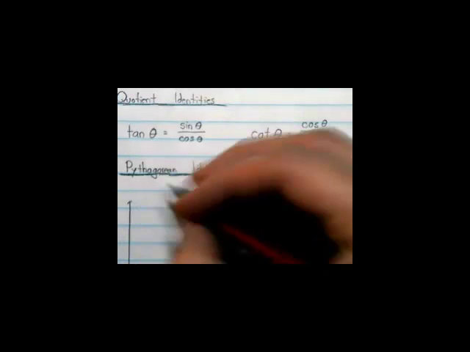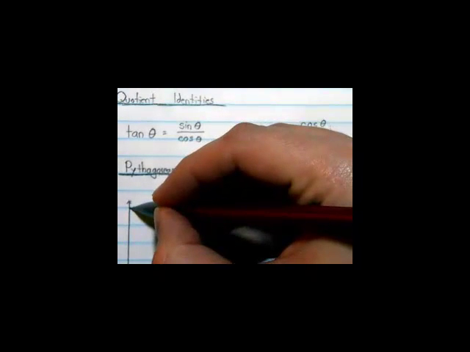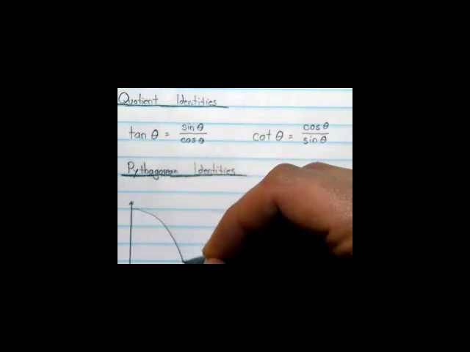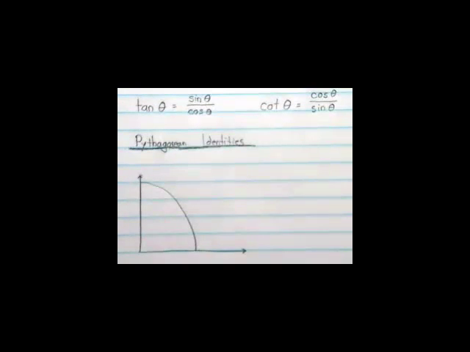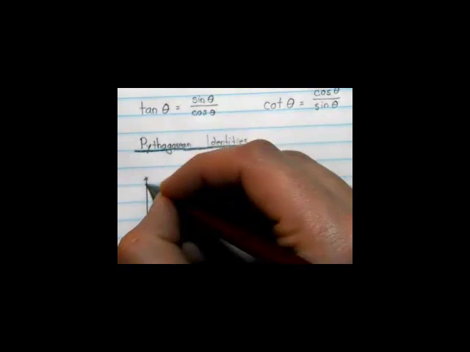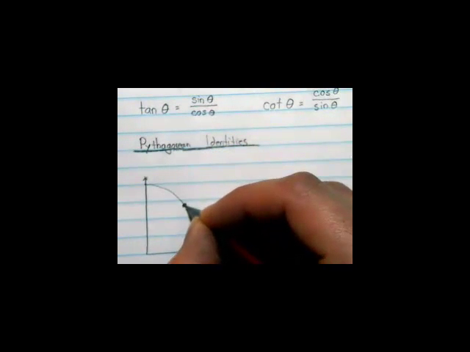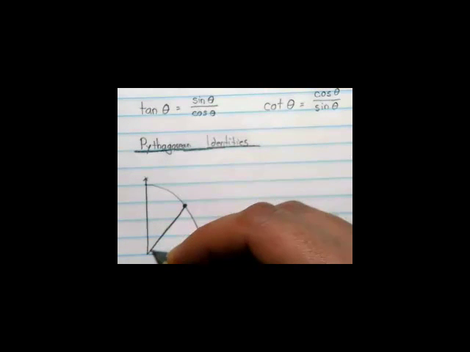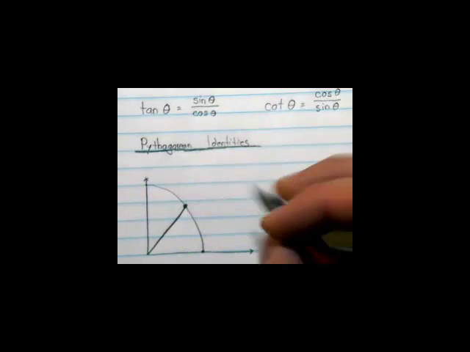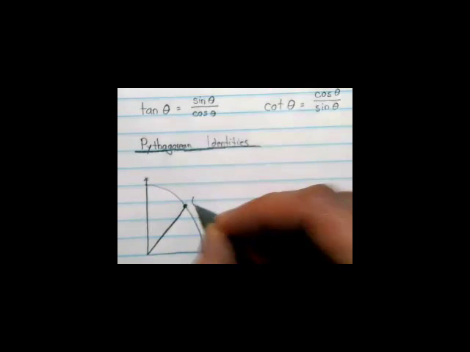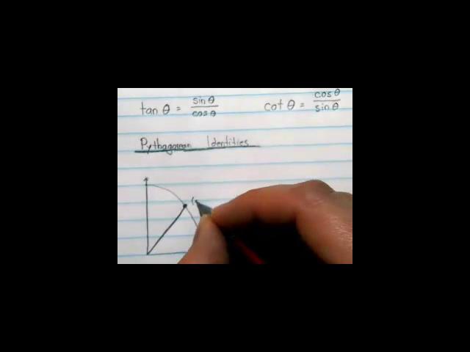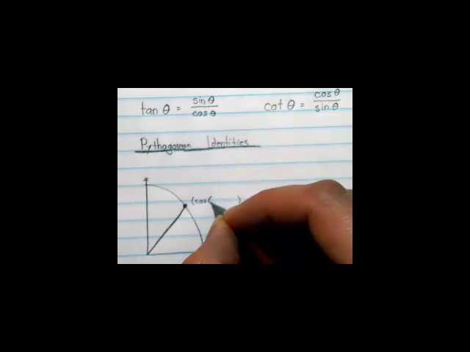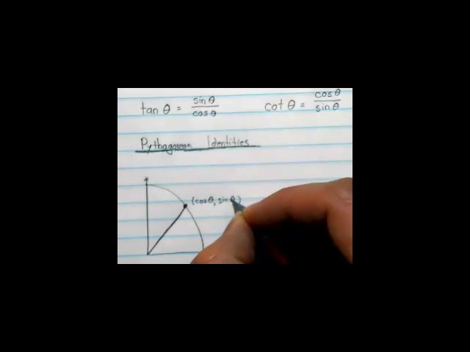Would you think back to your unit circle for just a second? And we'll just look at it in the first quadrant for simplicity's sake. Okay. So, one of the key ideas that you worked with so that you could evaluate things in a unit circle was that the x value of any point on the unit circle was always the cosine, and the y value of any point on your unit circle was always the sine.